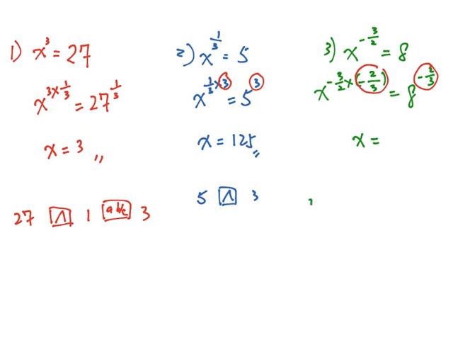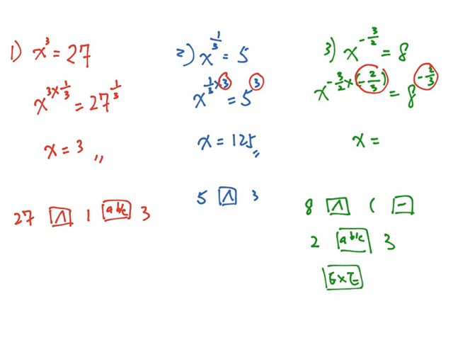So you press 8, power, it's better to use brackets, open bracket, negative 2 over 3, and then exe. So you can get the answer 0.25.